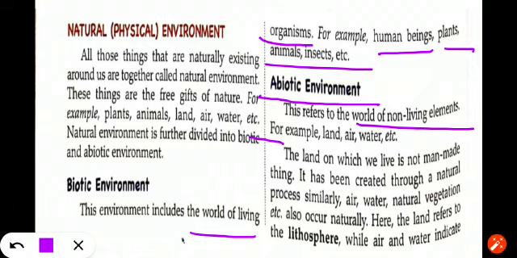Naturally, it has been created. For example, air, water, natural vegetation, etc. also occur naturally. Here, the land refers to lithosphere, while air and water indicate atmosphere and hydrosphere respectively.